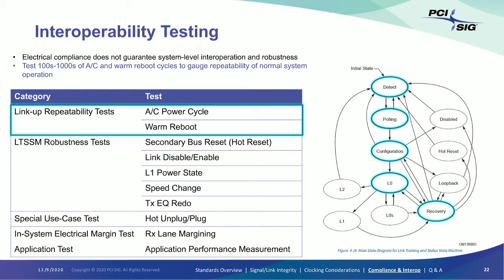Generally, industry practice is to test these different link-up cycles hundreds or thousands of times to gauge the repeatability of normal system operations. So a subset of link partners, depending on the system design, is run through these tests to ensure that all link partners are following through with this full process.